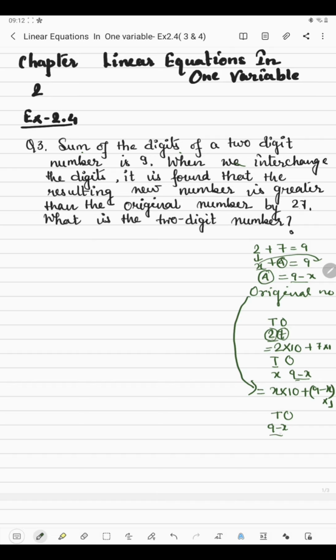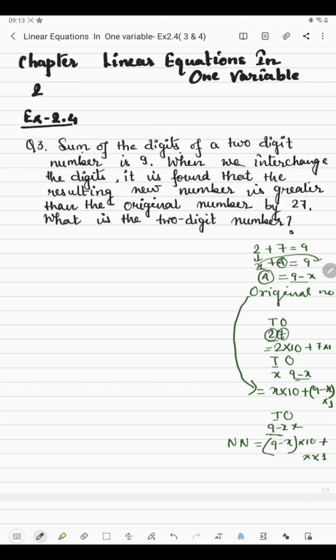Now in 1's place we take x. So how do we write this new number? If 9 minus x is at 10's place, it is multiplied by 10, and if x is at 1's place, it is multiplied by 1. So this is the original number, and this is the new number.